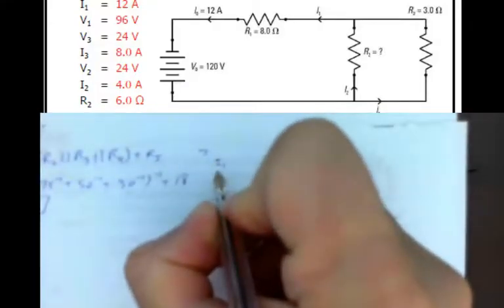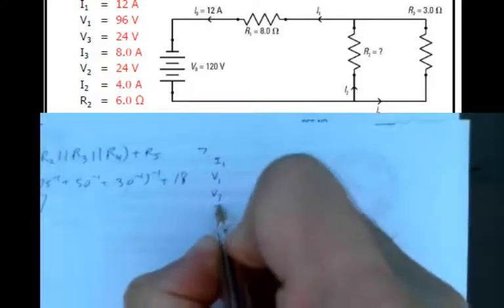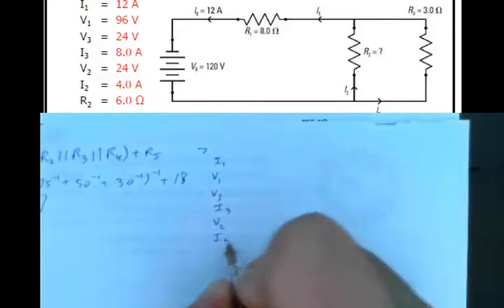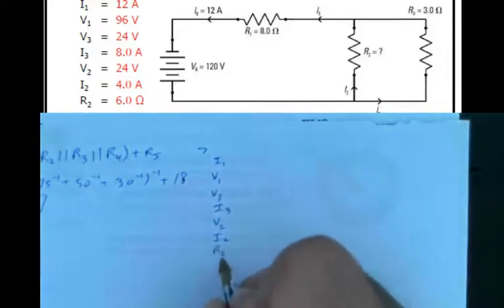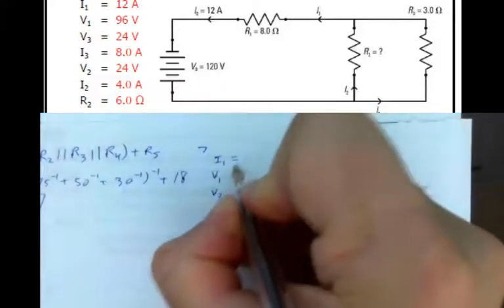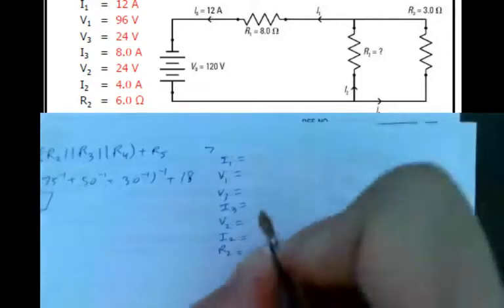So I1, V1, V3, I3, V2, I2, and R2. That's what we need to solve for here, and we'll fill these in as we do our work to solve them.